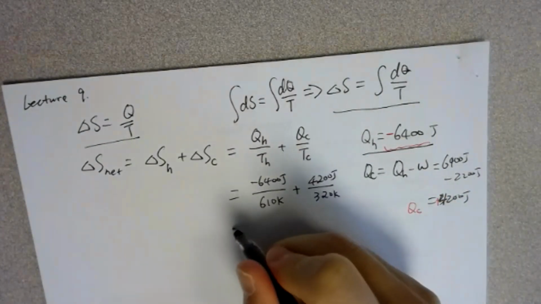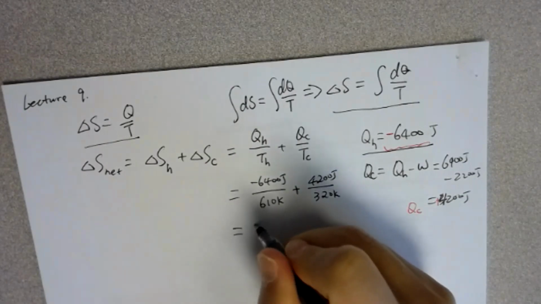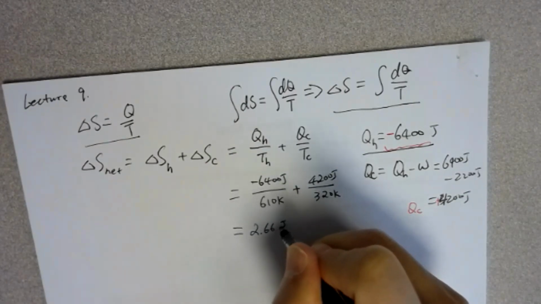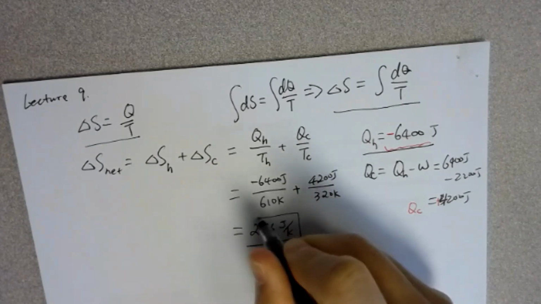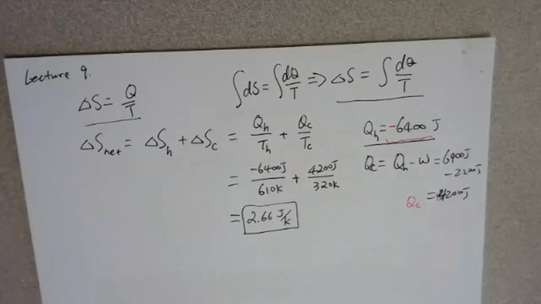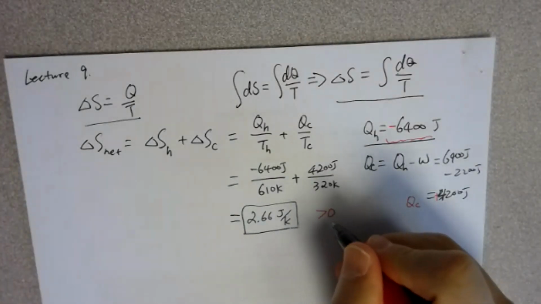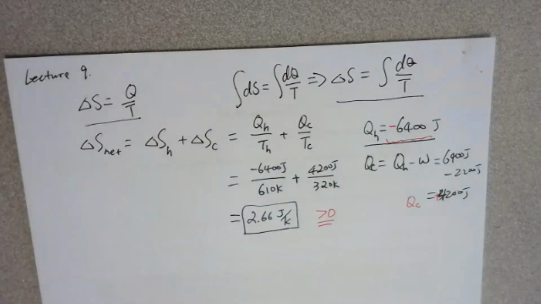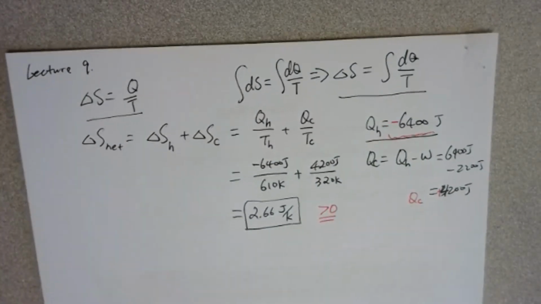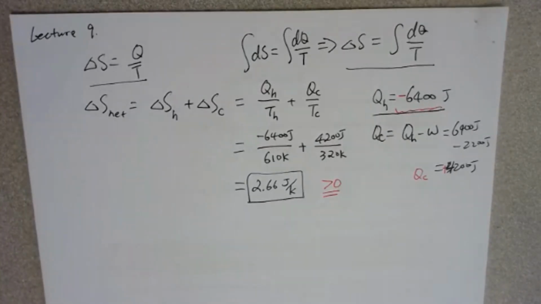Okay, so this gives you 2.66 joules per Kelvin. And note that this is actually greater than 0. We'll use this conclusion later on to examine what should be the total change of the entropy for the system. Okay, so that's this one.